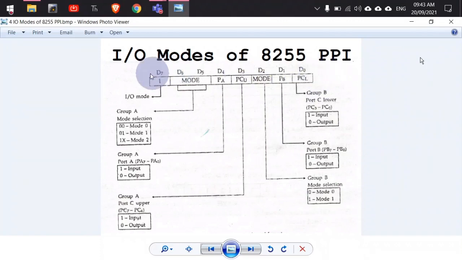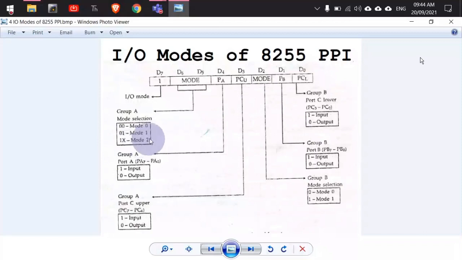Now let us understand the meaning of the individual bits. Bits D5 and D6 are 2 bits, and by using 2 bits you can make 4 combinations. If it is 0, 0, then it operates in mode 0. If it is 0, 1, it operates in mode 1. If it is 1, 0 or 1, 1, it will be operating in mode 2. So bits D6 and D5 decide the mode of operation for the I/O modes.